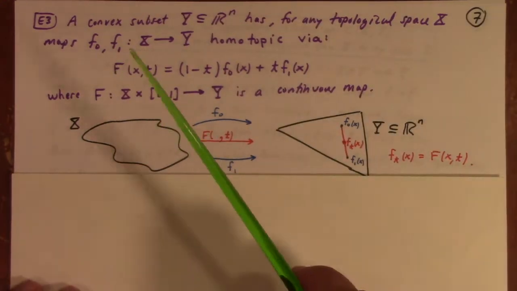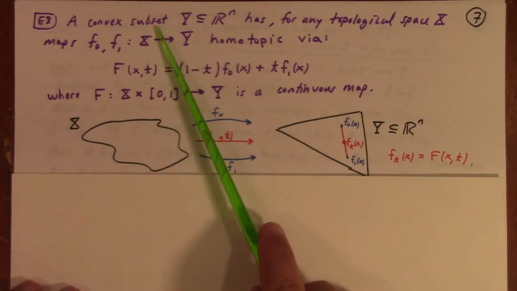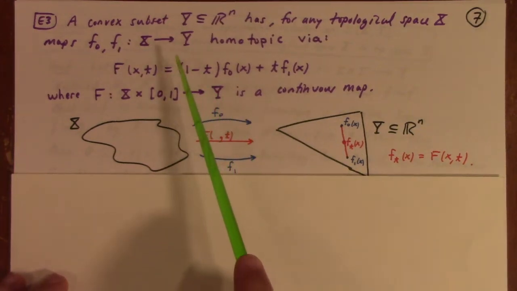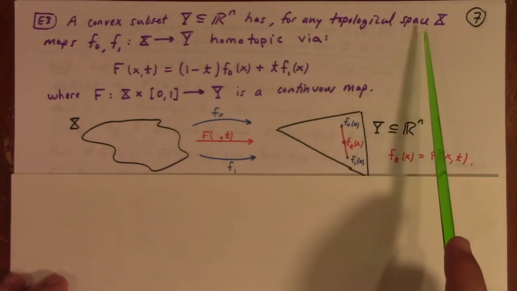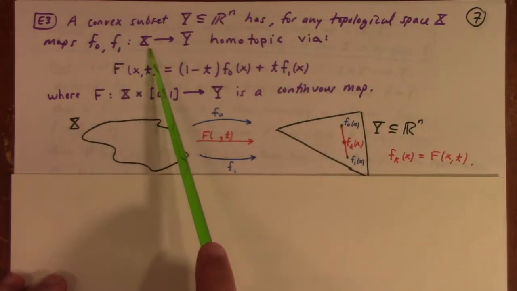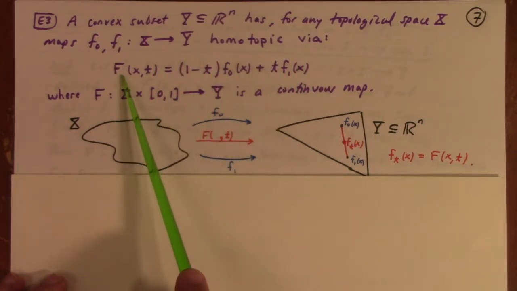Any convex set, remember convex means closed under any line segment: from one point to another in the set must stay in the set, so sort of closed under line segments. Anyway, so a convex subset has, for any topological space X, if you take maps F0 and F1 from that convex space into Y, they're homotopic. Here's the homotopy.